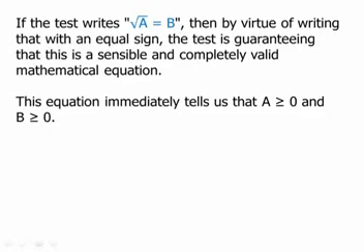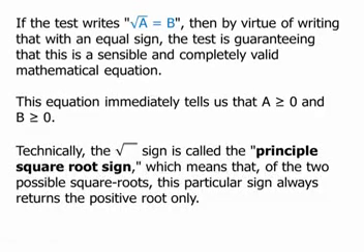In other words, the test can never write an equation that is not mathematically legal. So this equation immediately tells us that a must be either positive or equal to 0, and b also must be positive or equal to 0. So both of those things are guaranteed right away.